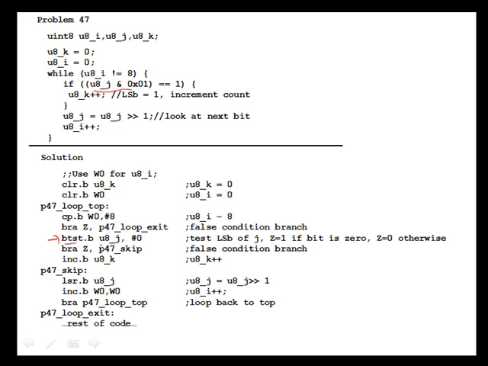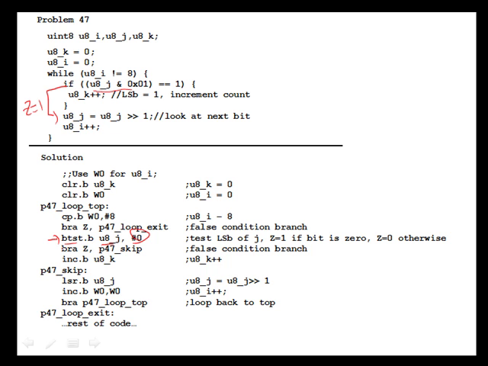So we'll do bit test dot byte U8J, the least significant bit. Now, what test do we need here? Well, we want to skip this if this bit is a 0. If the bit is a 0, then that means that the zero flag will be set to a 1, a true value.